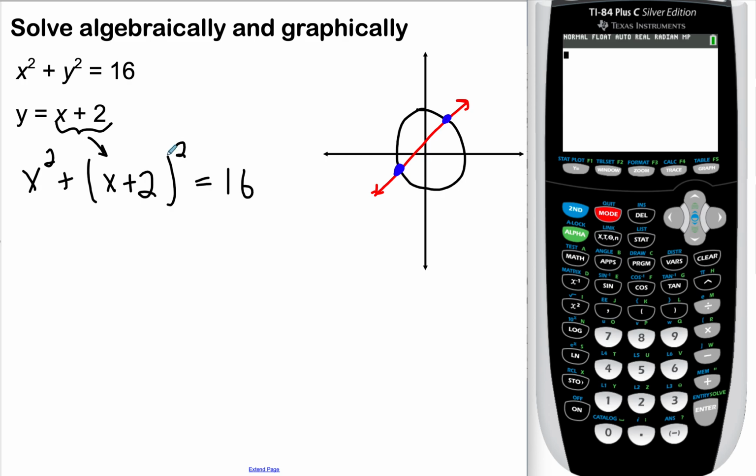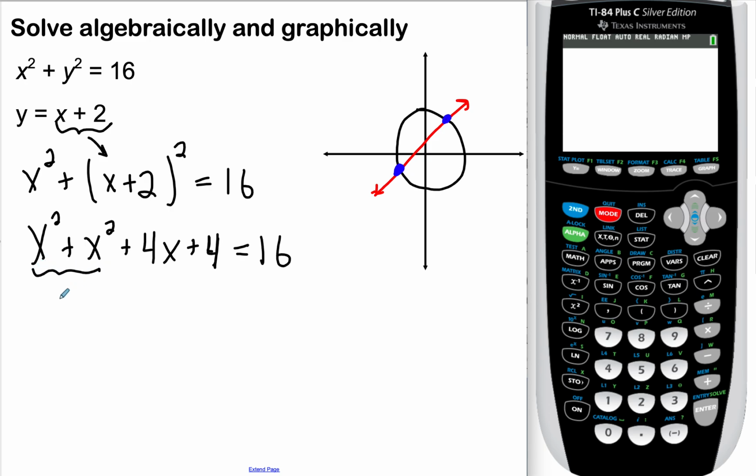Now I'm going to FOIL this out. When I expand it out, I get x squared plus 4x plus 4. If you don't agree with me, check your work and independently FOIL that out. Equals 16.